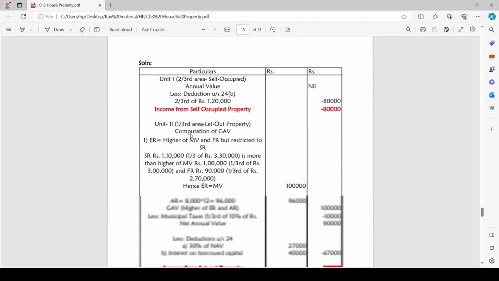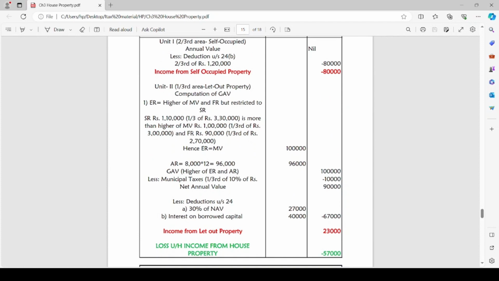For let out properties, 1/3 of this can be claimed under section 24B as deduction. So rupees 40,000 is interest on borrowed capital, which can be claimed as deduction under section 24B. The total amount of deductions under section 24 will stand at rupees 67,000. We are deducting rupees 67,000 from the net annual value of the house property, that is rupees 90,000. So the income from let out property is rupees 23,000.